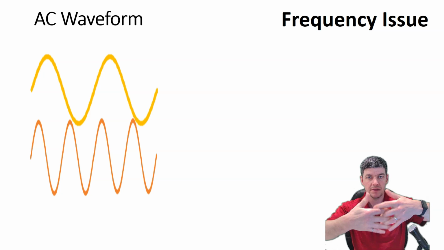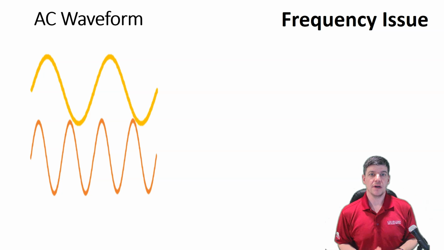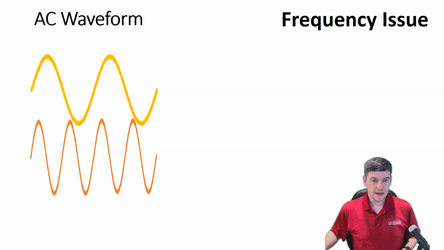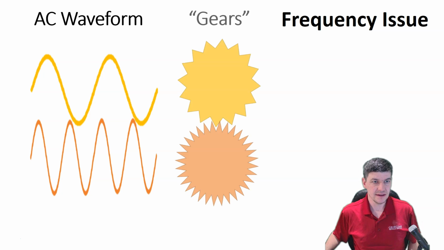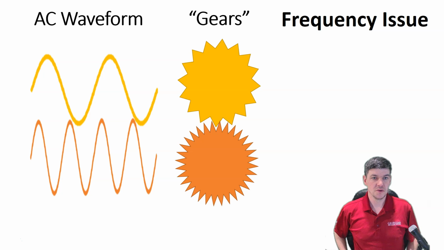rotate. Okay? And so when we talk about these gears, we could think about, well, what would it look like if I had teeth that look like this? So I have my normal yellow gear, and then I have a gear with a much more dense arrangement of teeth.